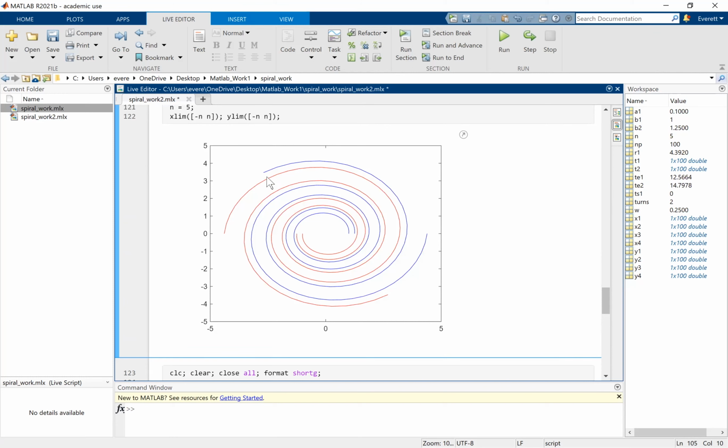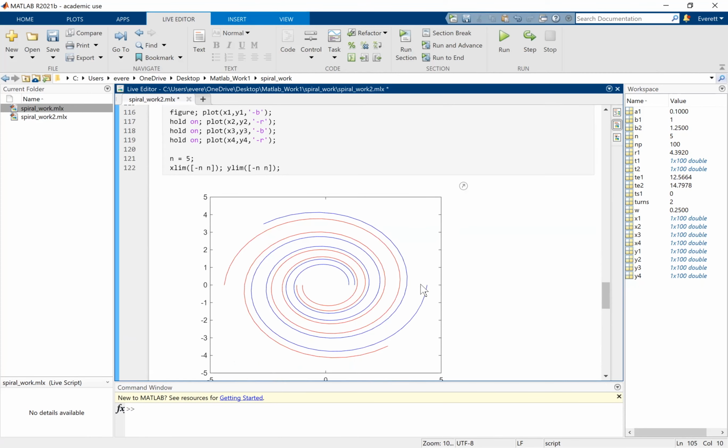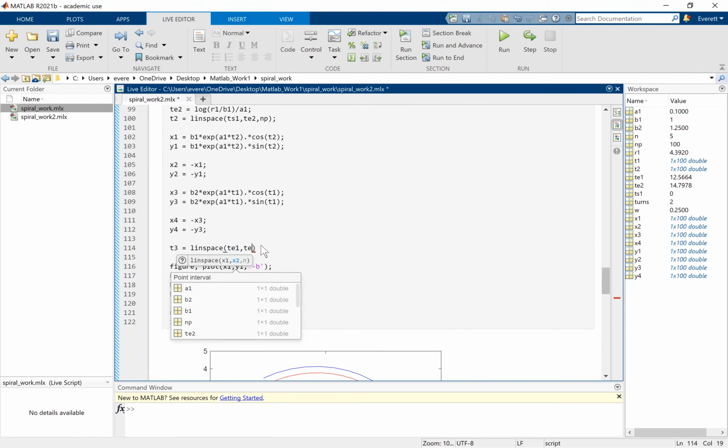And so now, just like the Archimedean spirals, we'll make a piece of a circle with radius R1 that extends from TE1 to TE2. So let's make a new independent variable, T3. Linspace, it starts at TE1, then goes to TE2. Let's just use number of points here.